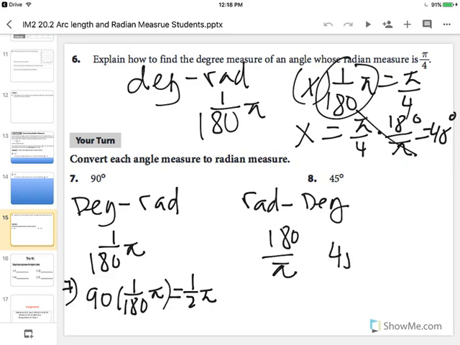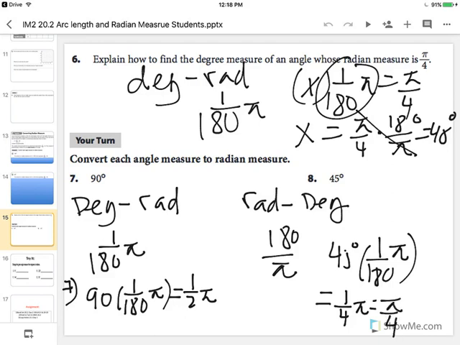We do 45 degrees times 1 over 180 times pi. So this gives us 1/4 pi, or we can write it as pi over 4.